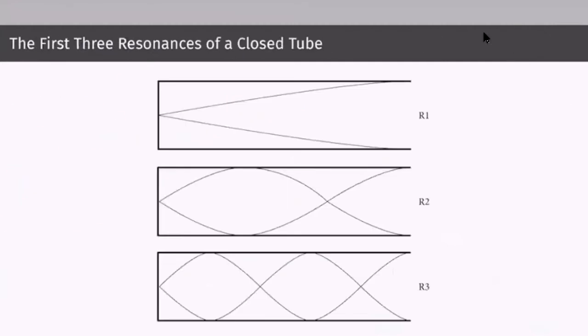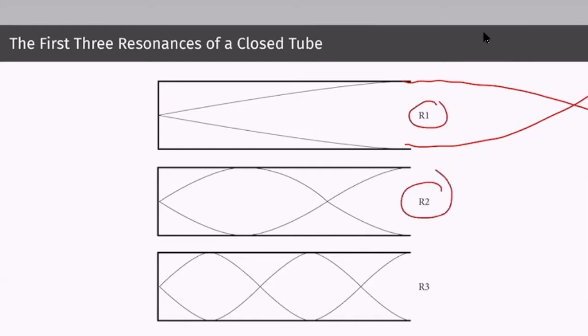Basically, the wave is extending out here and beyond. So that's R1, the first resonance. Here we have R2, the second resonance, and here we have R3, the third resonance.